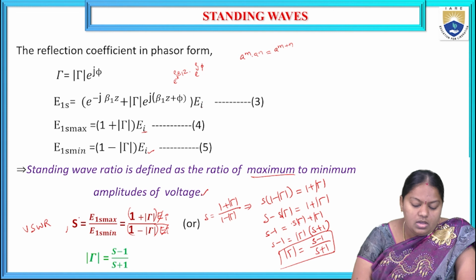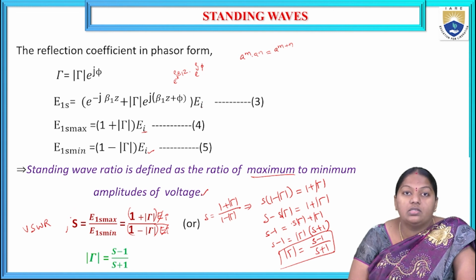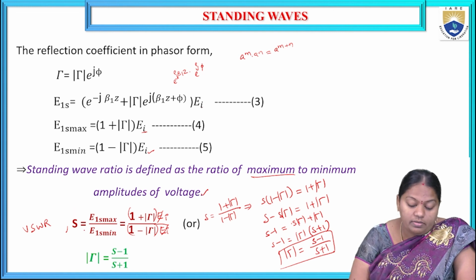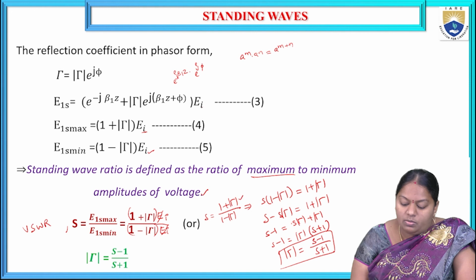So the standing wave ratio, VSWR, denoted with S, equals E1s maximum by E1s minimum, and it is given by 1 plus modulus of gamma by 1 minus modulus of gamma, and the reflection coefficient modulus of gamma equals S minus 1 by S plus 1.